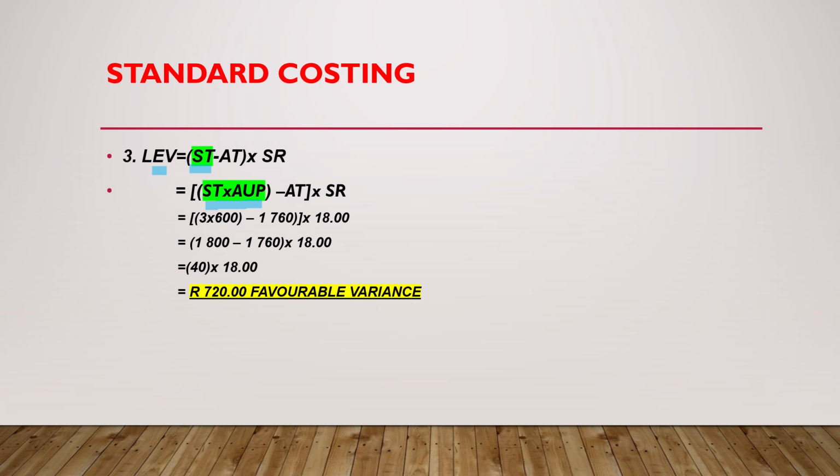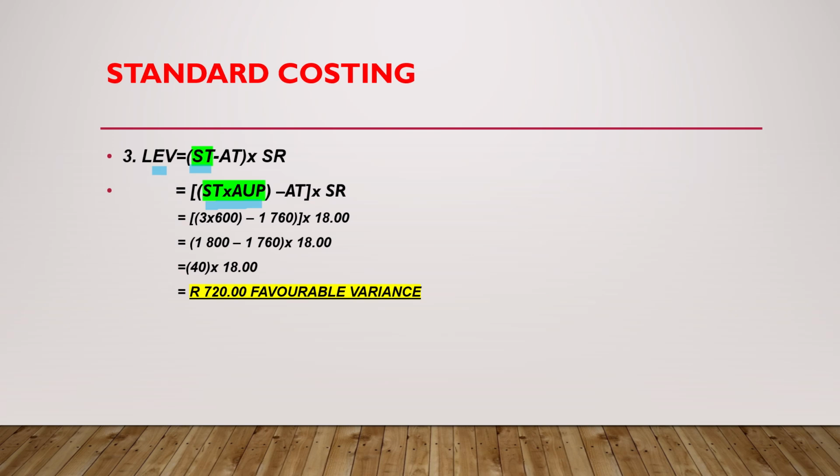There you go. So you do your calculation, get 1800 minus 1760 multiplied by 18 rand. You can see from the brackets which one is bigger. Standard time is more than actual time. So when your standard or your planning is greater than your actual, then your answer will be favorable.